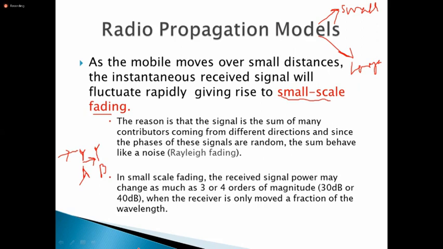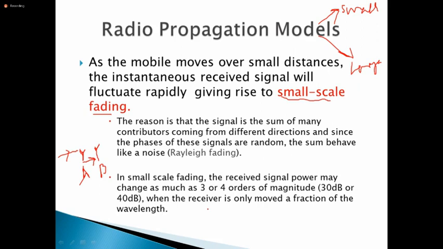It happens due to the multipath propagation of the signals. Okay? What is multipath propagation? The signal is the sum of many contributors coming from different directions, and since the phases of these signals are random, the sum behaves like noise. That is called multipath propagation.